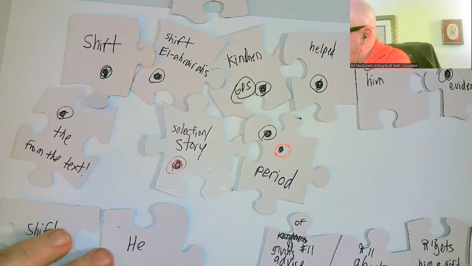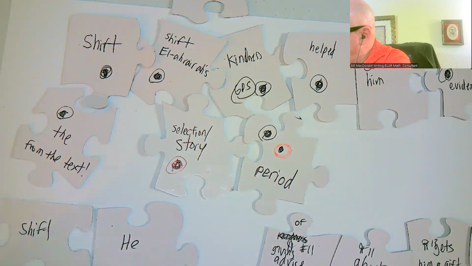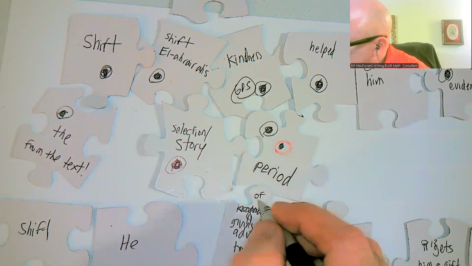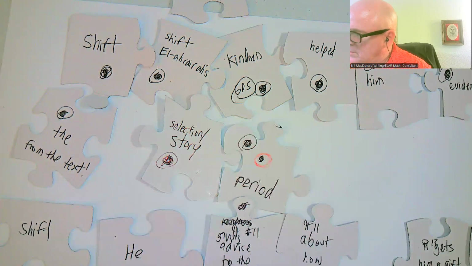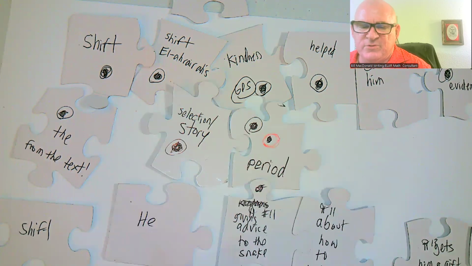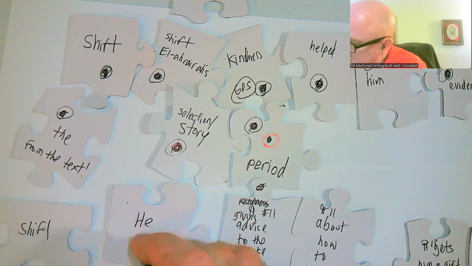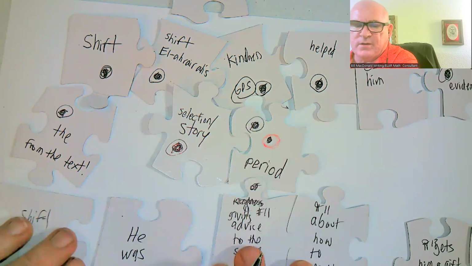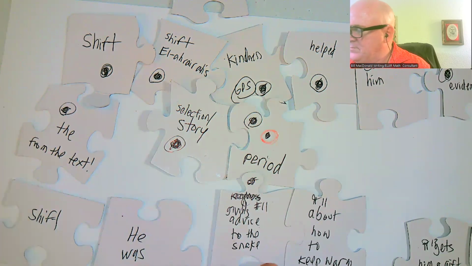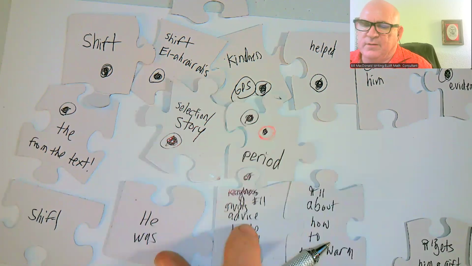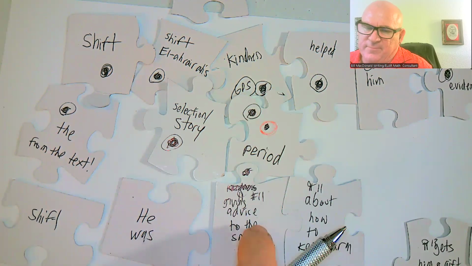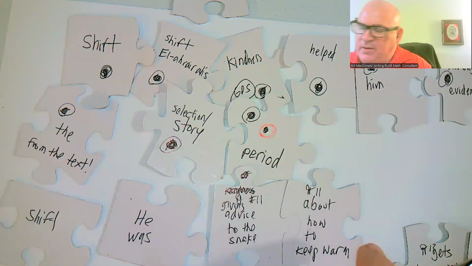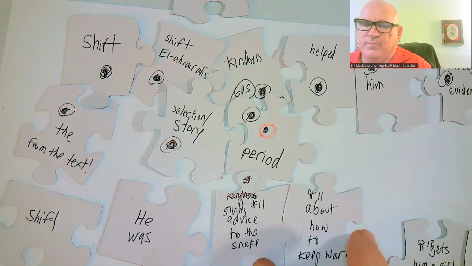He was giving advice. And so he giving advice to the snake. He was giving advice to the snake. Okay. Because that's kind of vague, you might want to add this detail about how to keep warm.